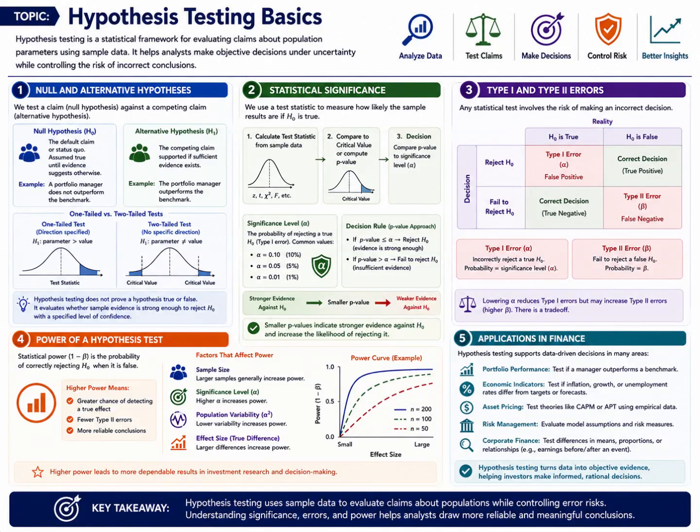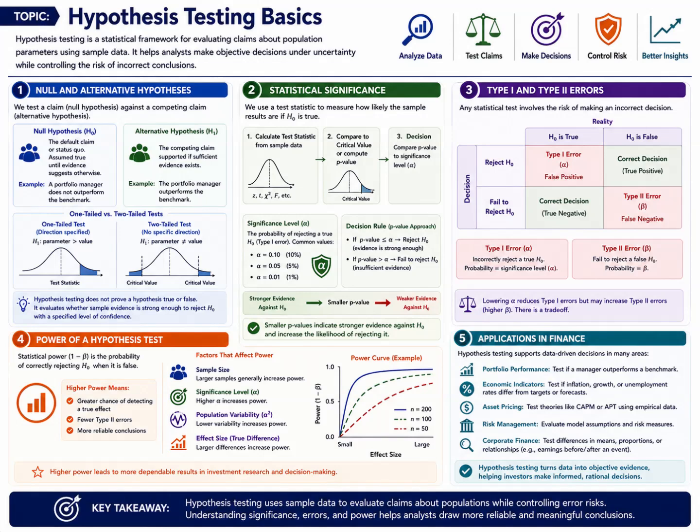Hypothesis testing basics introduces the statistical framework used to evaluate claims and make decisions based on sample data. In finance, analysts frequently test assumptions about returns, economic indicators, portfolio performance, and market behavior. Hypothesis testing provides a structured method for determining whether observed sample evidence supports or rejects a particular claim about a population parameter.